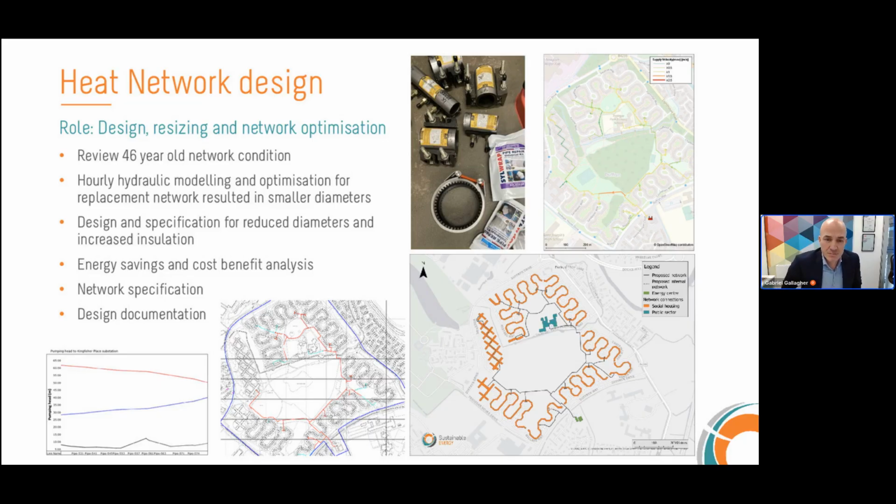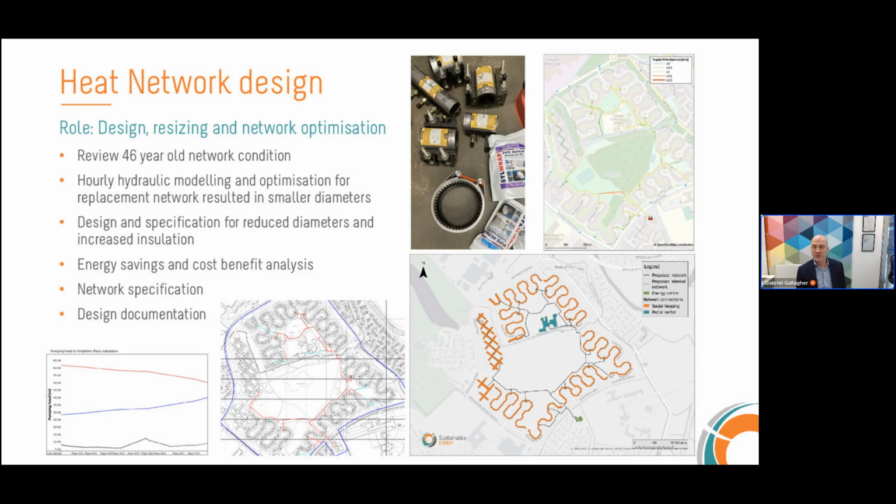Then, as that network was some 46 years old at that point, and see one of the images there, Newport City Homes have to keep fixing various devices to address leaks if they came up on the network.